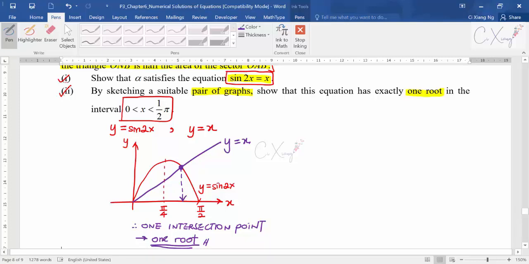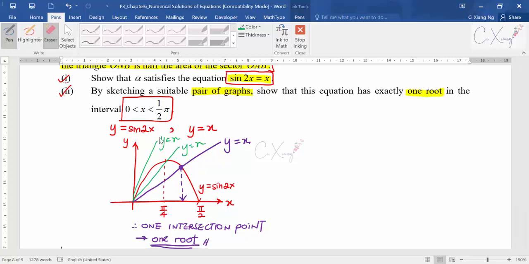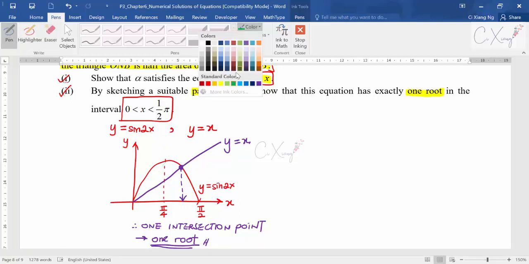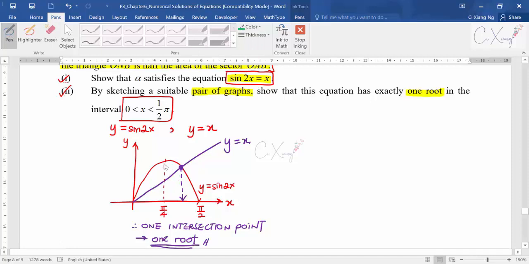Maybe for the graph y equals x, some students might have questions. Maybe some students will ask me why the y equals x cannot be like that, or why cannot y equals x look like that? It is also one intersection point, but why must it look something like this? Before you draw y equals x, you can try to substitute in the value 1, because this is pi over 4, right?